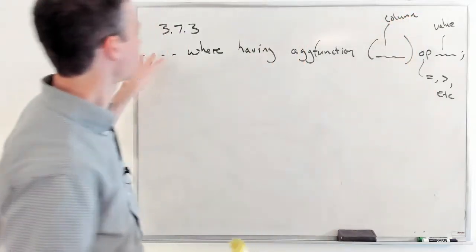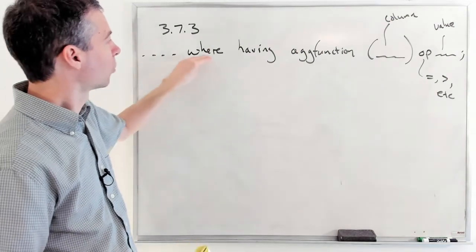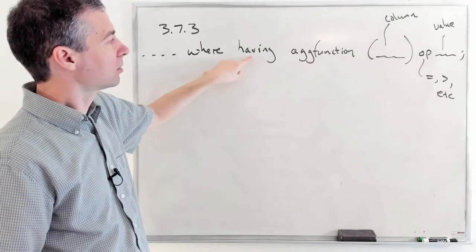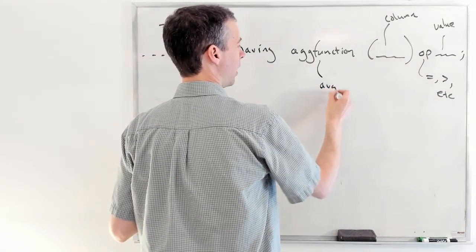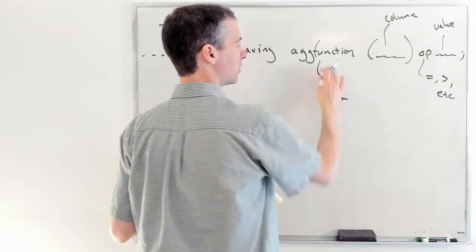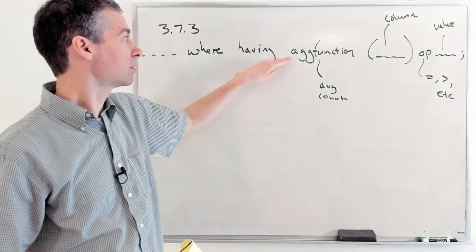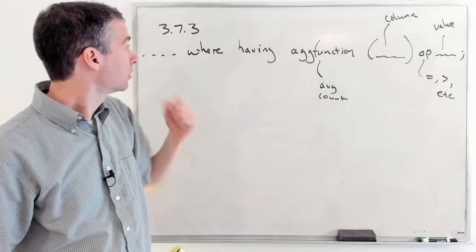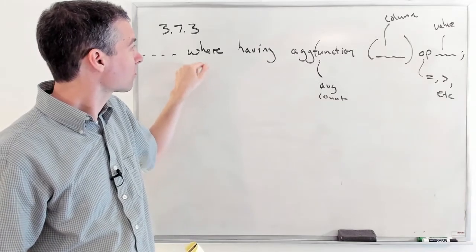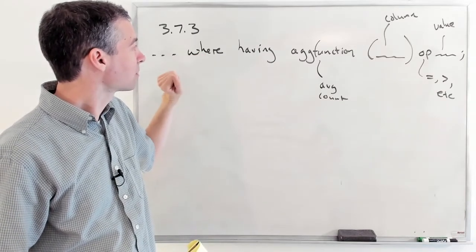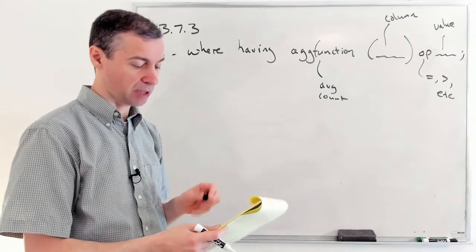So you could have some statement, select blah, blah, blah, from, where, and then you're going to check average, count, whatever it is, and then some comparison. All right, so you can basically be applying this, and wow, I just blanked out.